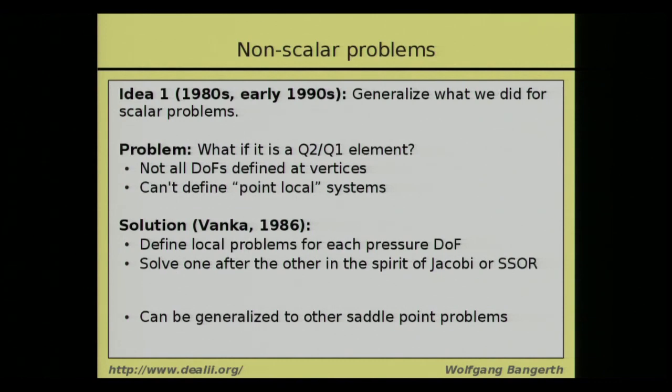So what I should do is define a local problem for each pressure degree of freedom. And then I should do something in the spirit of Jacobi or SSOR, where I walk through all of the pressure degrees of freedom, and I update the pressure plus all of the velocities that are coupled with it, and do this one pressure node at a time. So this is what we typically call the Bangerth preconditioner.